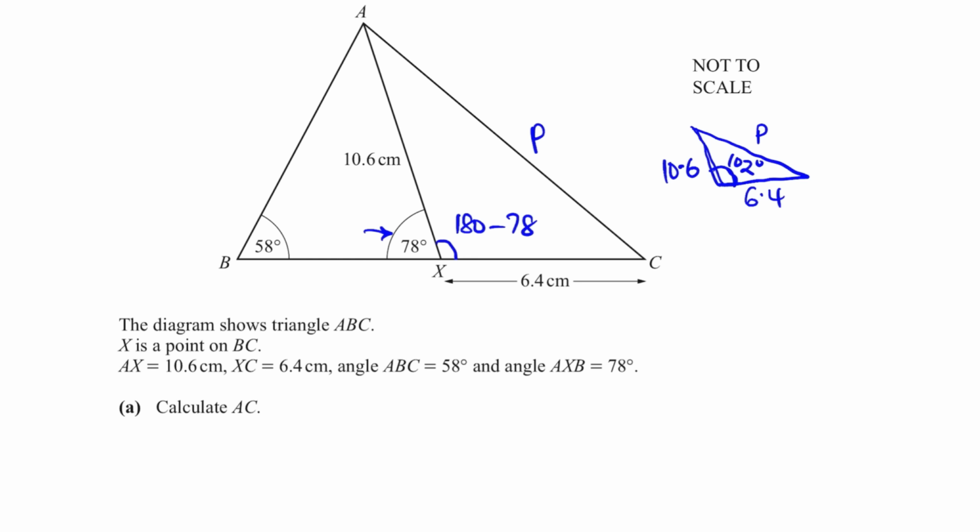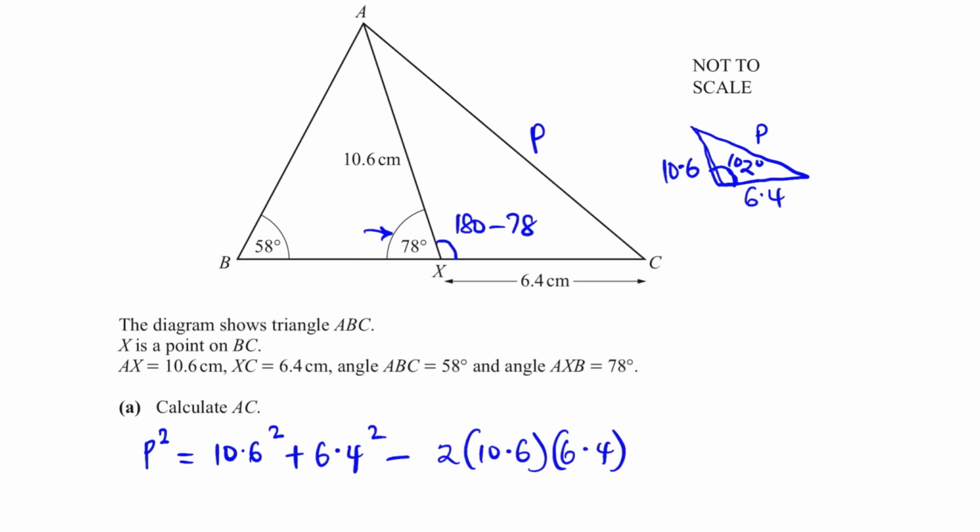With the cosine rule, we are going to say that P squared, which is AC, is equal to 10.6 squared plus 6.4 squared minus 2 into 10.6 times 6.4, then cos 102 degrees.